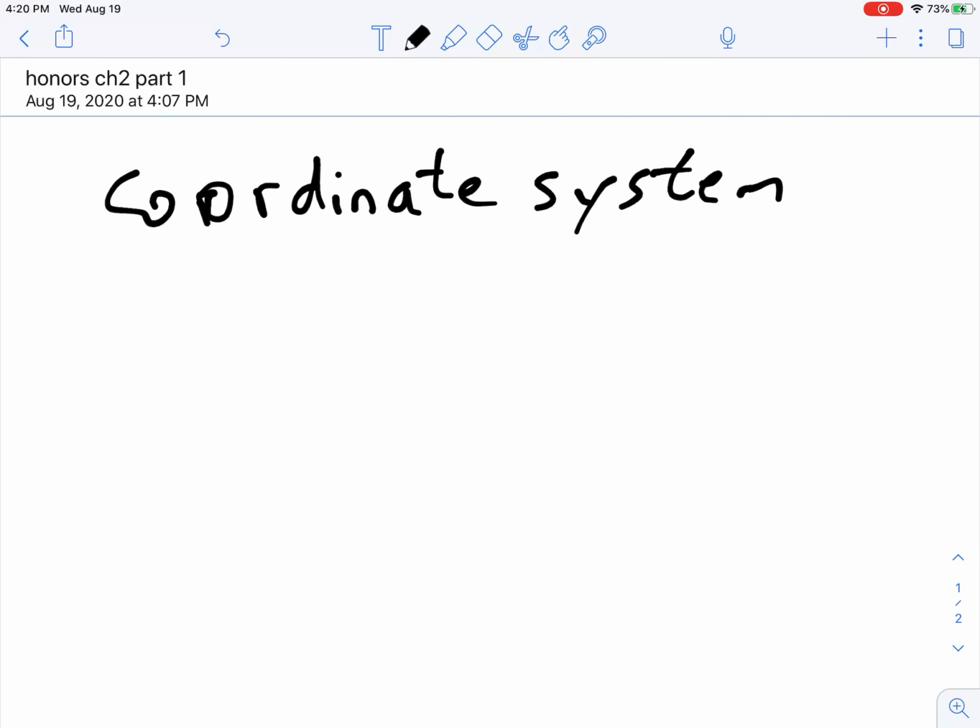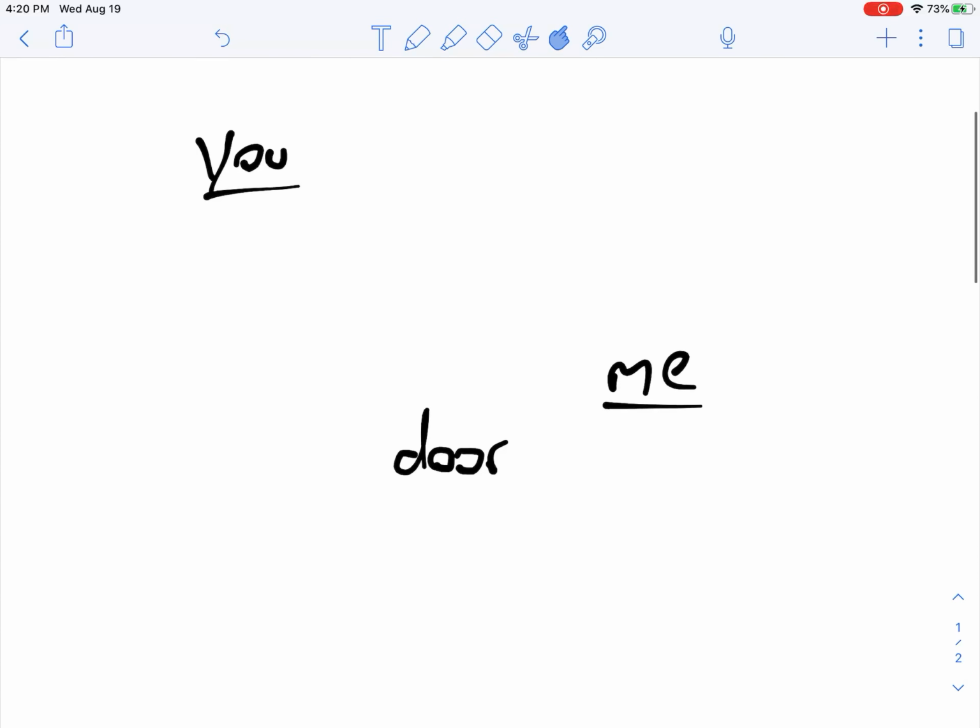Here's the idea. Let's say that I ask you guys to tell me or figure out how far away the door is. Imagine sitting in a classroom and I ask you, how far away is the door? Well, let's say you are right here and I am right here and the door is right here. Okay? Well, you measure the distance to the door and you come up with that value.